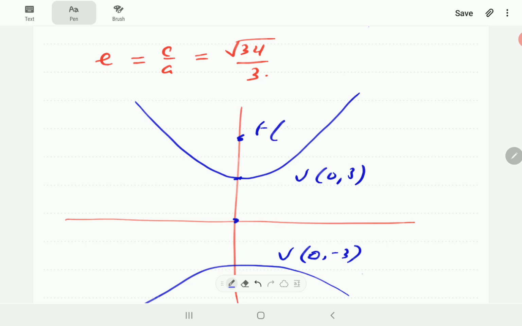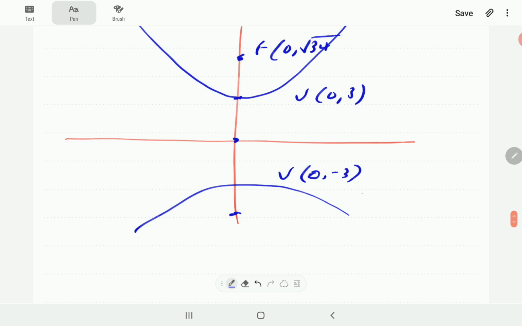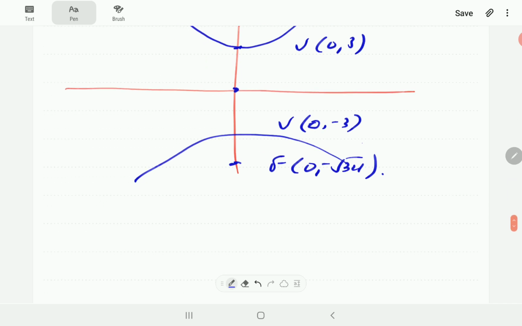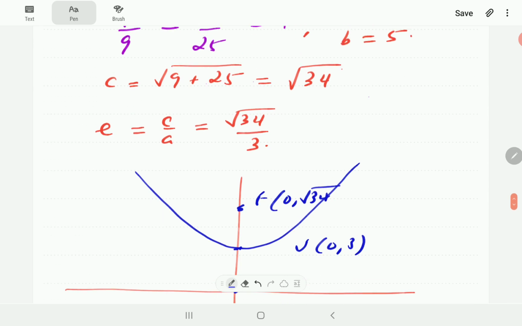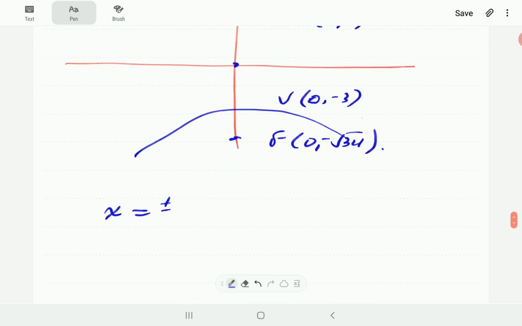One focus at (0, square root 34), the other focus at (0, negative square root 34). Then the equations of the asymptotes will be x equals plus or minus b over a, with b being 5 and a being 3, so 5 over 3 times y.